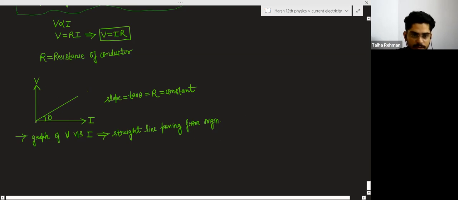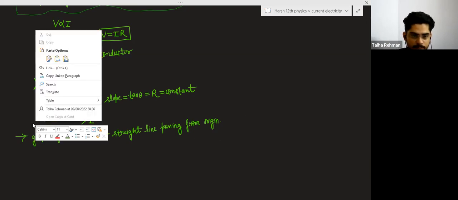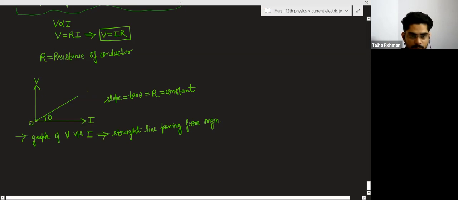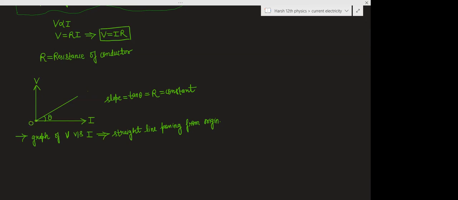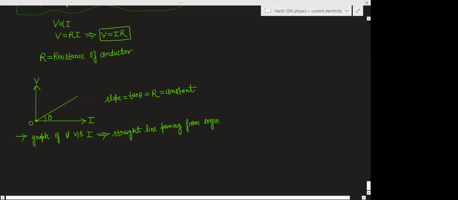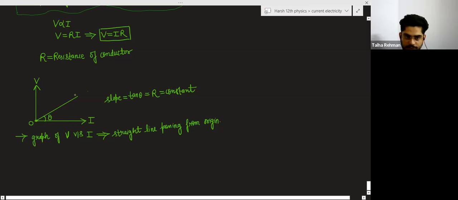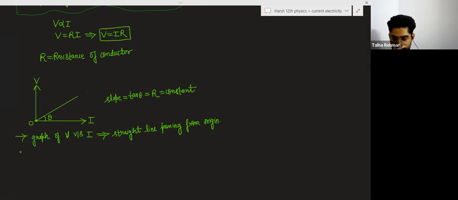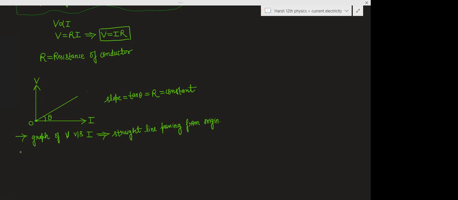This is the origin, this point. Sir, what is the straight line? A straight line coming from origin? Yeah, this straight line is starting from origin. Okay. Have you not done the experiment of Ohm's law in your school? No, sir.